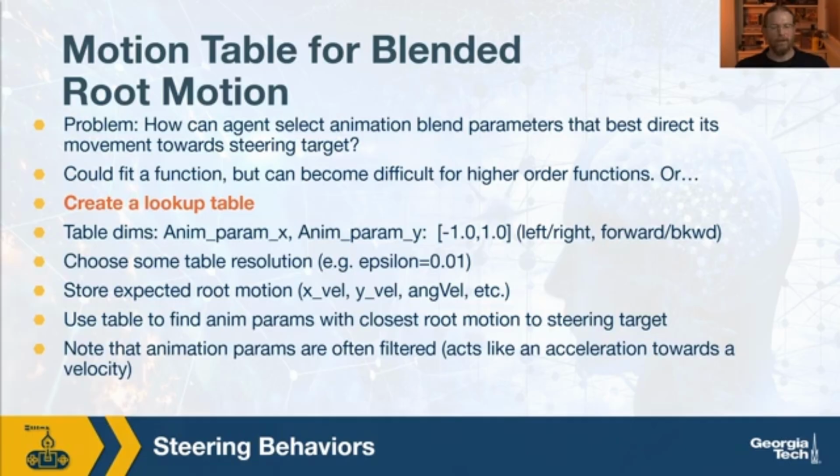So you would say that, well, if you're blending this animation and this animation, if that's what the animation system is doing, like blending some set of animations, you can say, well, if you're blending these with these weights, you end up at a certain location. So you could work backwards from that.